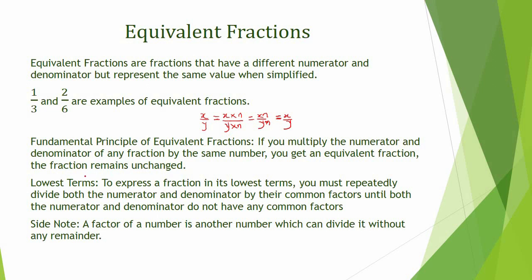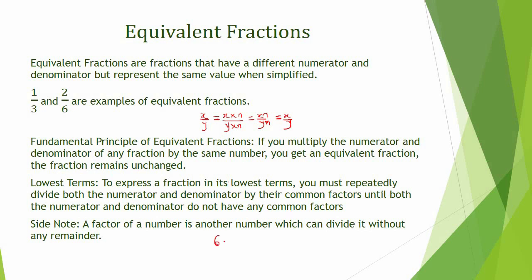Now, talking about lowest terms, in order to express a fraction in its lowest terms, all we simply need to do is to divide the numerator and denominator by the common factors. So we'll continuously divide the numerator and denominator by the common factors until there is no common factor with which we can divide both. So in case you're wondering what a factor of a number is, a factor of a number is another number which can divide a number without any remainder.